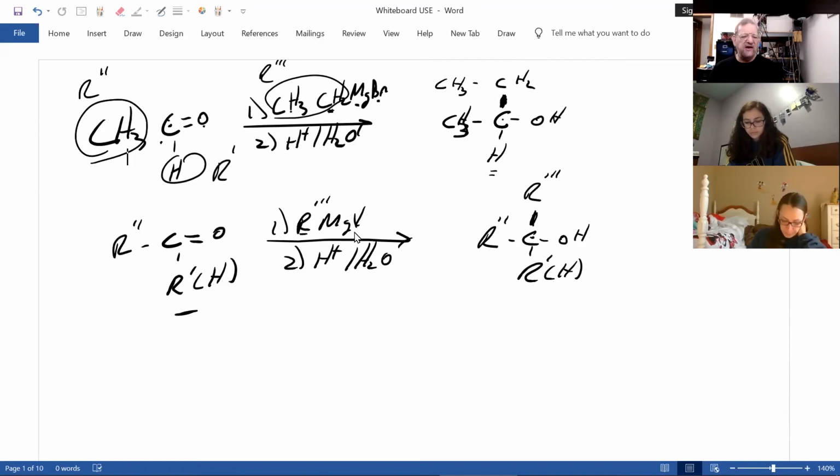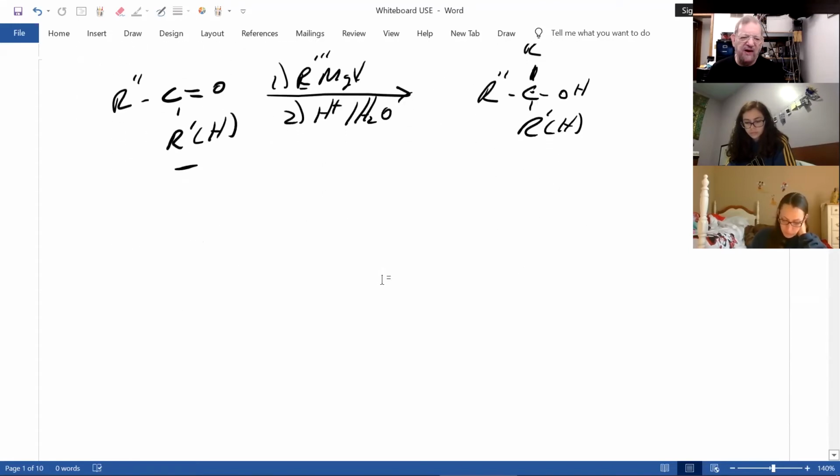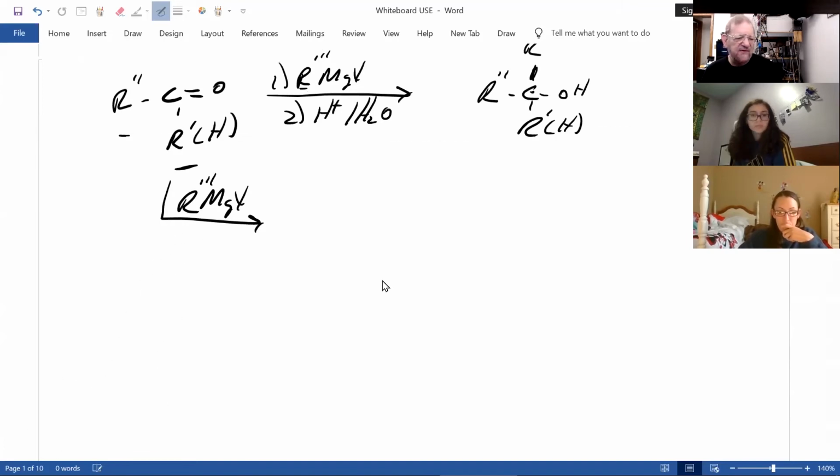Now, one of the things I didn't show you, and maybe this might help, this will never be on a test, and this is called the mechanism. Now, if we start with a ketone or aldehyde and add the Grignard, think of a Grignard as R minus MgX plus. This is an anion on a carbon and it's not happy.